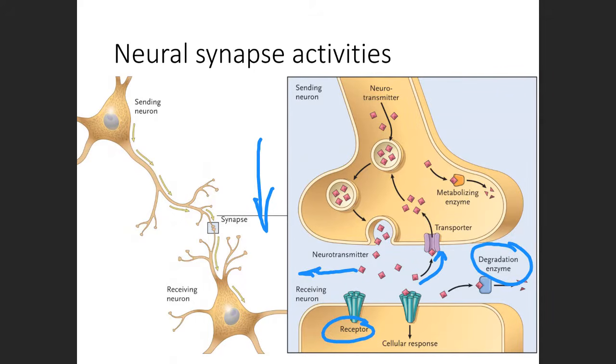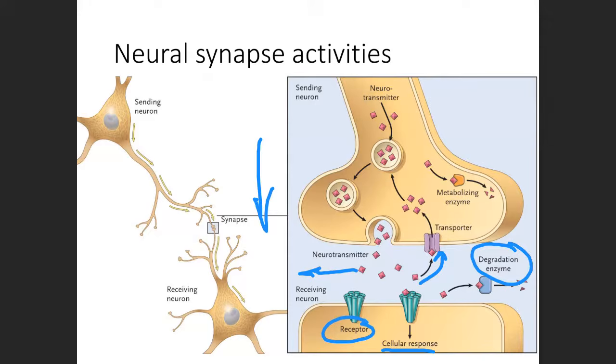Because let's say, for example, the cellular response here is to cause localized depolarization. In other words, as soon as that neurotransmitter attaches to the receptor site, it causes the sodium ion gates nearby to open up. Sodium ions rush in, causing depolarization.